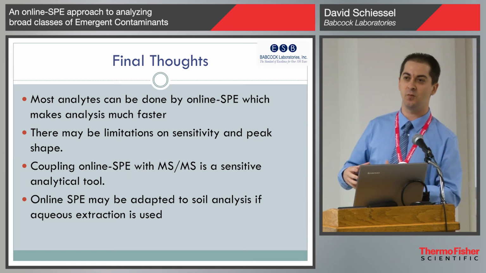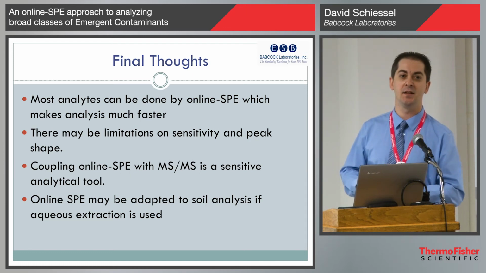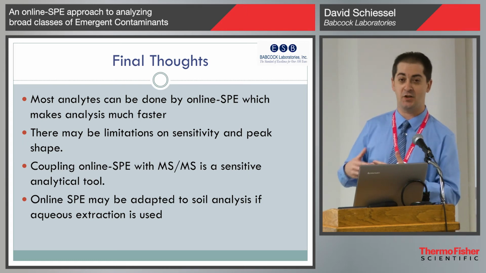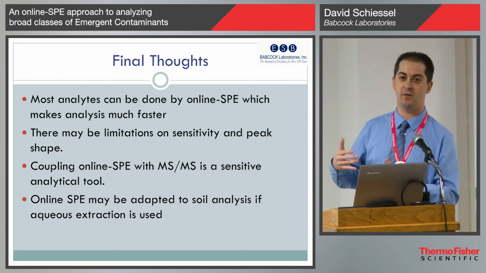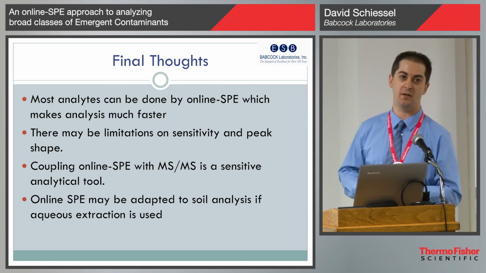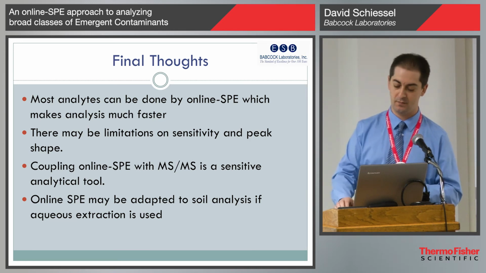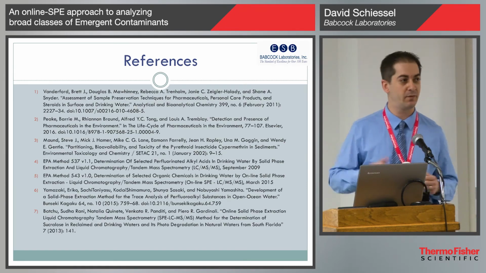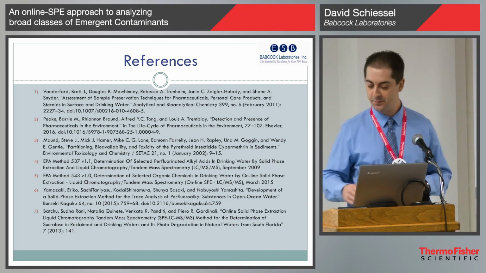We've seen that we could do about 10%. So if the extract had 10%, this could actually be loaded on the sorbent without adverse effects to recovery for shorter chain analytes like PFBA. So with that, I'll take any questions if there are any.